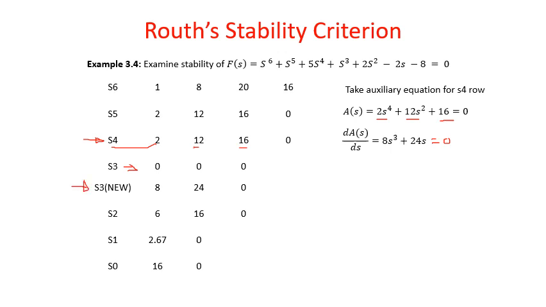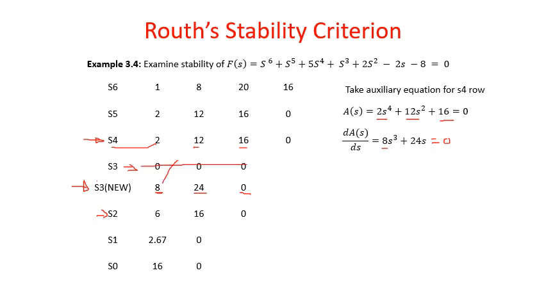How are you going to prepare it? s cube we are going to write. Then the coefficient of this one is 8, write 8 here. Next 24, then 0. Then continue filling the s second row, considering the s3 row and the s4 row. Neglect the all-zero row, go to the previous row.